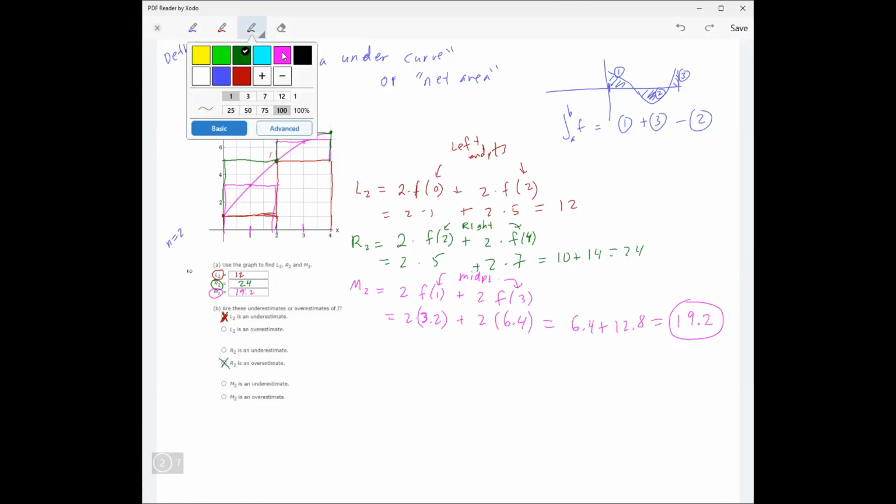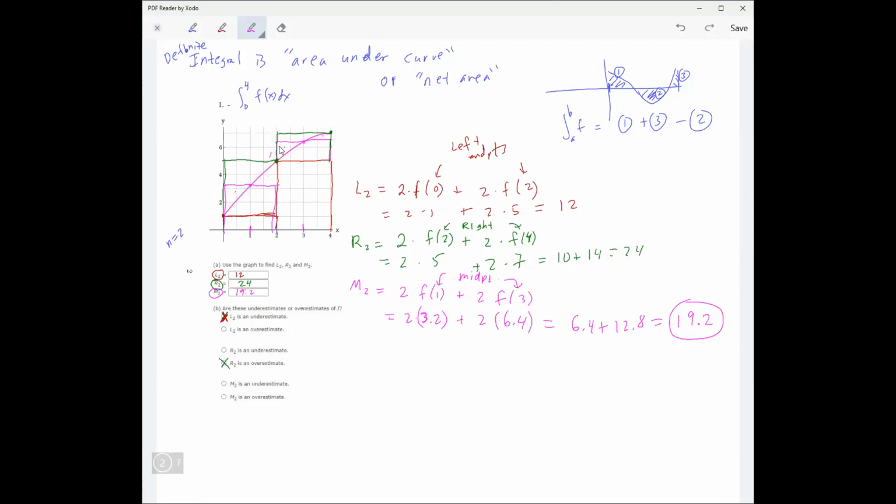And now M2 is a little bit tricky, because here you have some area that's contained in the rectangle but shouldn't be counted, and then you have this area here that's supposed to be counted but isn't. Those seem to be about the same. Over here, this area seems to be more than that area.